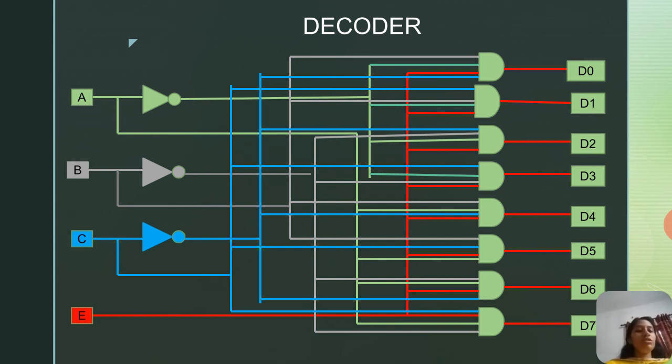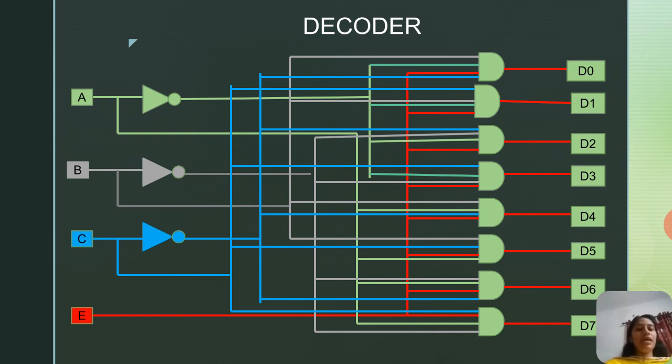These four conditions should all happen, not either or. That is why we are using an AND gate here for D0. The four conditions, that is E equal to 1, A equal to 0, B equal to 0, C equal to 0, this combination should happen. That is why we are using an AND gate here, and you are getting the result of D0.